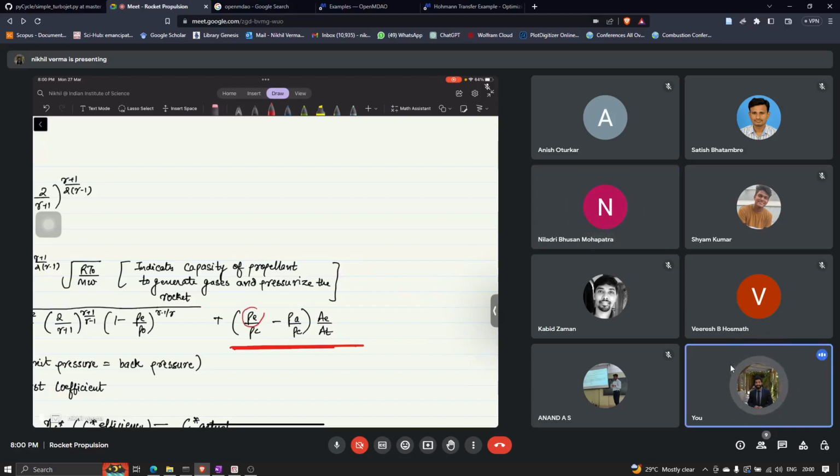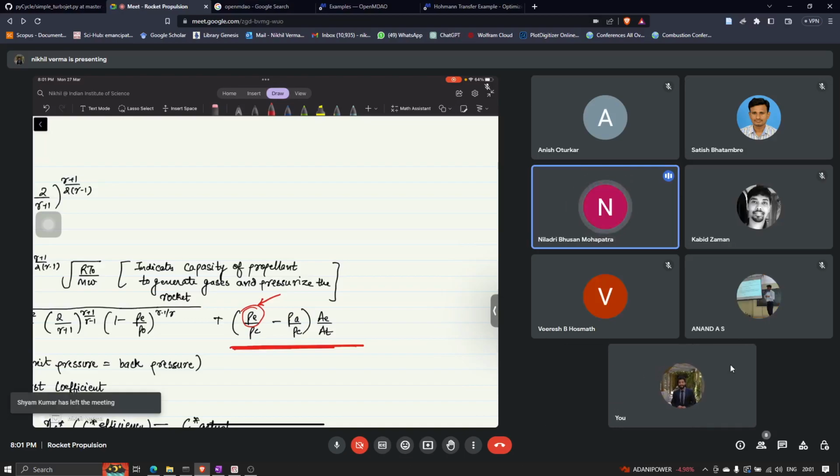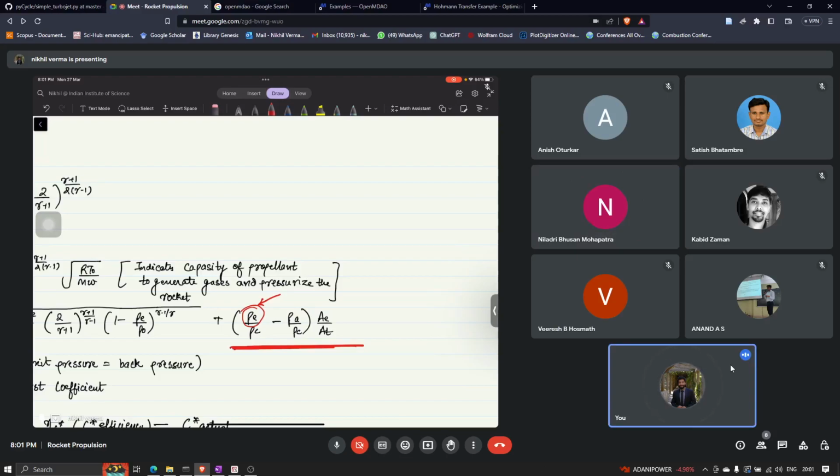How are you calculating this P exit? See, I have assumed this PE, I have known it when I designed the nozzle. P will change depending on your stack. The exit pressure will depend on your stagnation pressure.